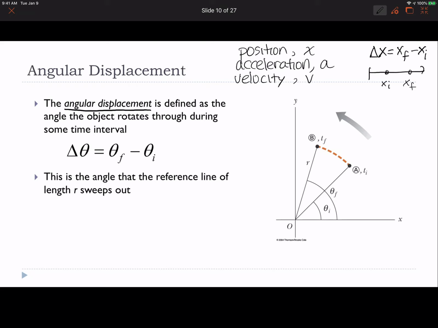We have to have a reference line here, and so in this particular case we've drawn an x-axis. The rotation is counterclockwise, and so we can see that it's sweeping out this distance, and that we have some starting angle and some final angle.